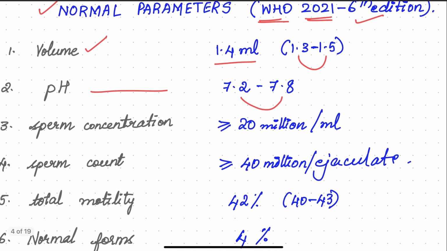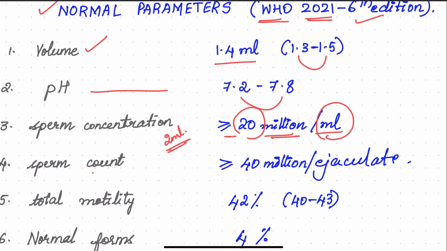Sperm concentration. If a man produces 2 ml of semen in one ejaculate, concentration means you calculate per ml how many sperms are present in 1 ml. So per ml it should be equal to or more than 20 million sperms per ml, that is concentration.